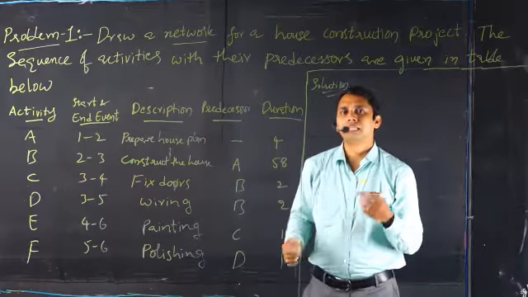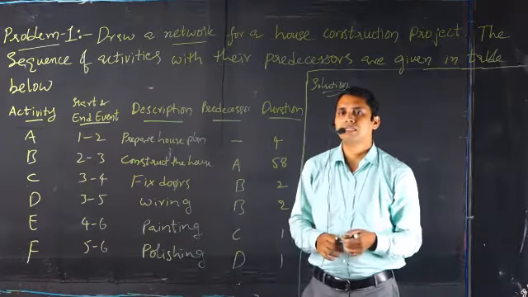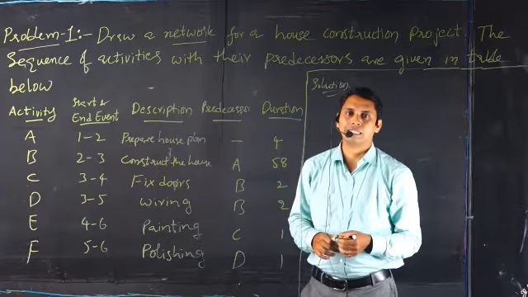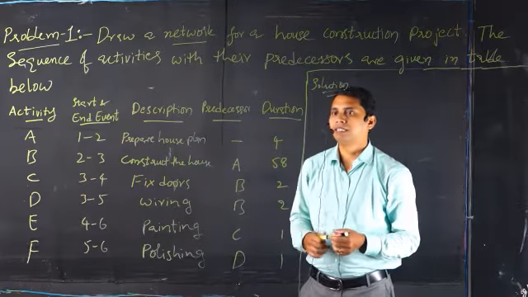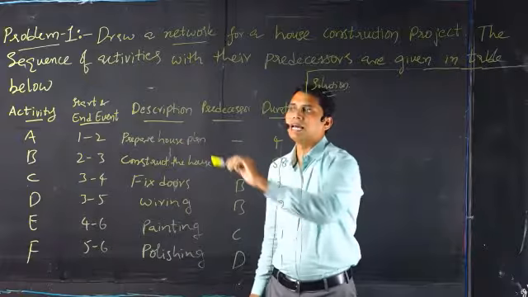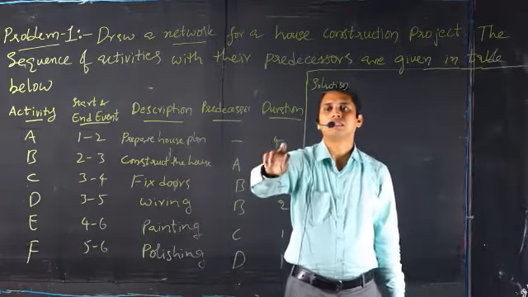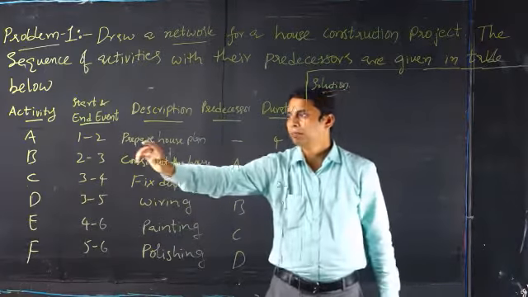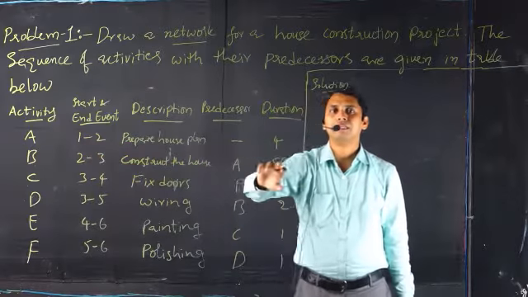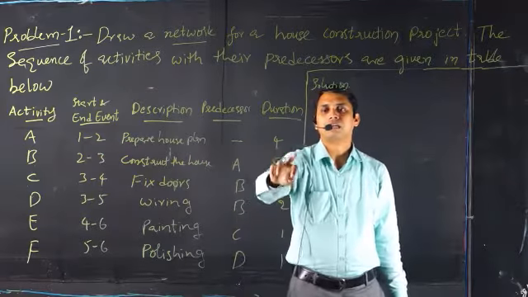Here it can be weeks or days; let's say it is days. So for completing activity A, 4 days is the time. And for completing activity B, 58 days are given.